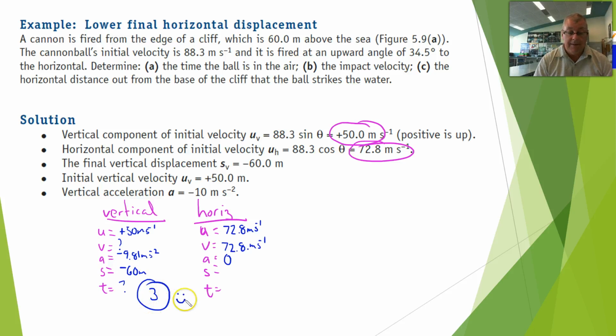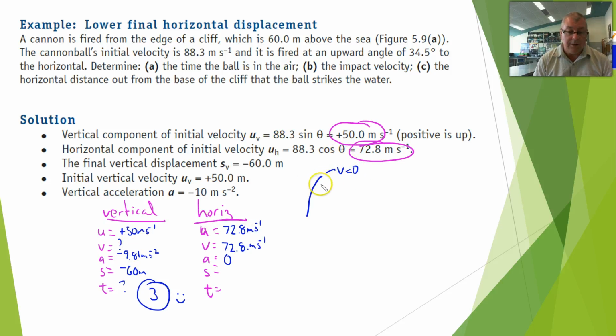But we've got our three things, so that makes us happy. We could work it out in a variety of ways. We can just look at how high it goes up. So if we did that, we would say that V equals 0.